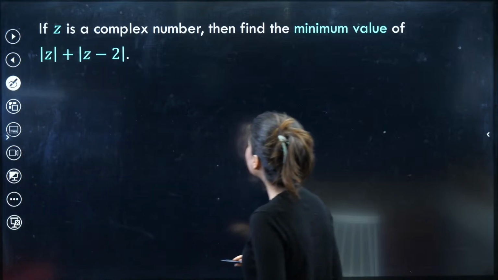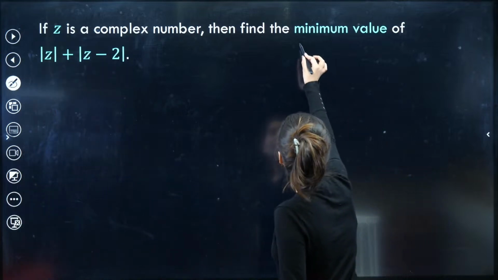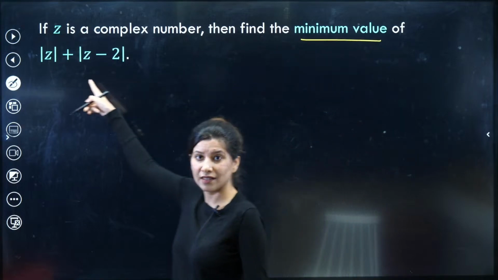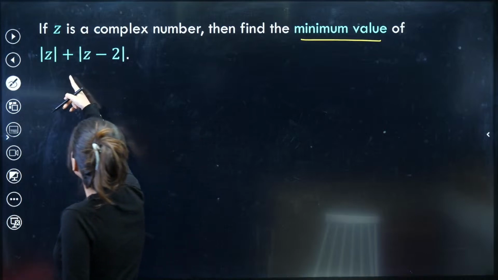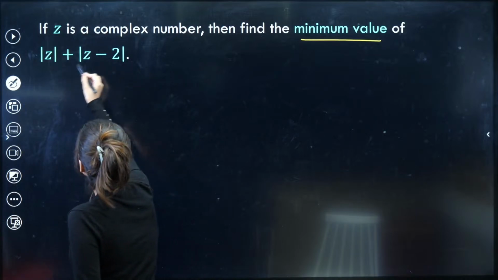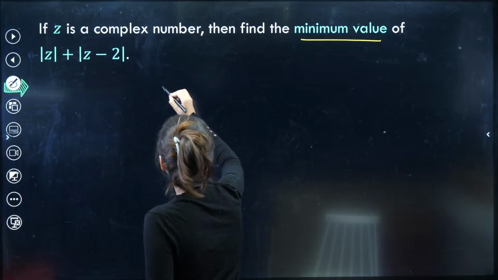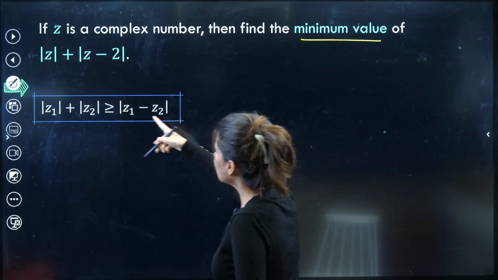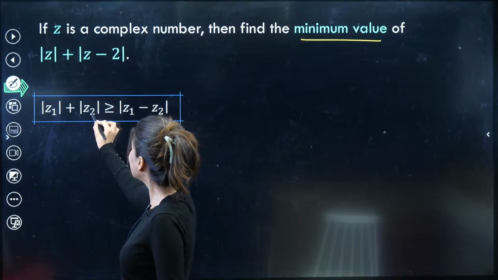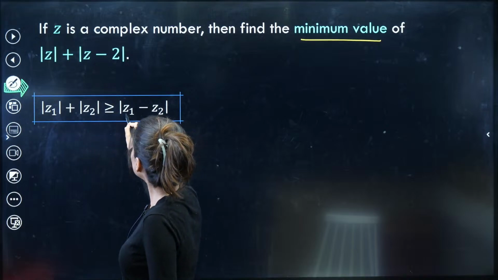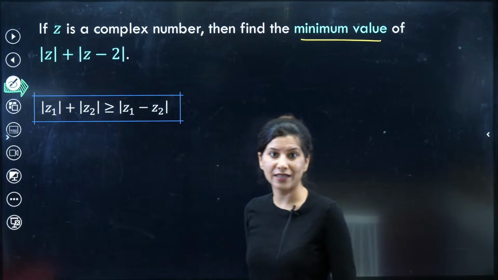Yes, so let us talk about the very first question. If Z is a complex number, then we have to figure out the minimum value of this. Clearly, it is nothing but |Z1| + |Z2|, right? So the sum of two sides is greater than or equal to the third side is what we can write.